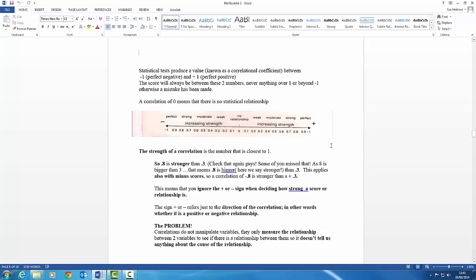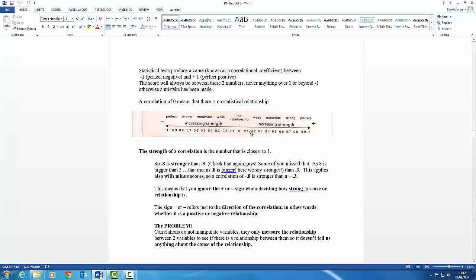So what do we mean by the strength of correlation? This is the bit to remember, and once you've got this cracked, it will be quite straightforward for you. The strength is the number that's closest to 1. That means it doesn't matter whether it's a -1 or a +1, it's the number that's closer to 1. So here we've got -0.8, that is a very strong correlation. Plus 0.8, a very strong correlation.